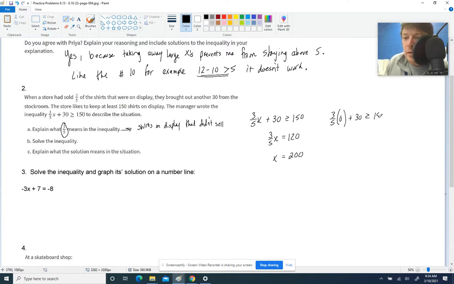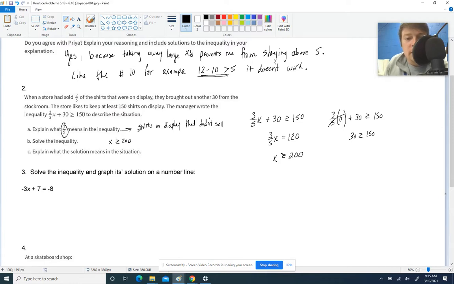If we put in 0, we get 30. Is 30 bigger than 150? No. So 0 is not a choice. So we want to go bigger, because less than numbers would be including 0. So we want greater than or equal to 200. So x is greater than or equal to 200.